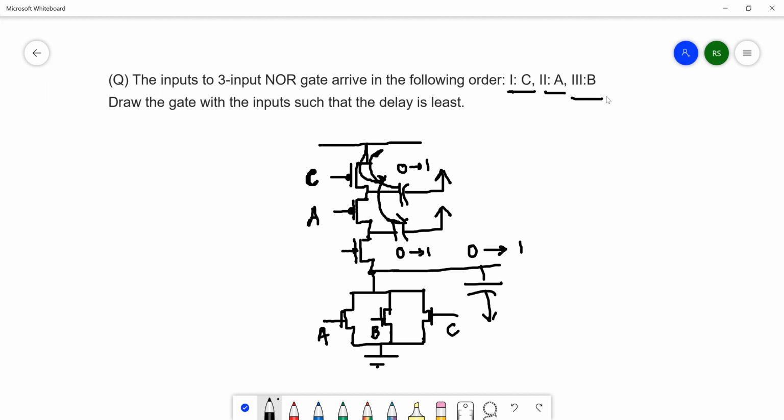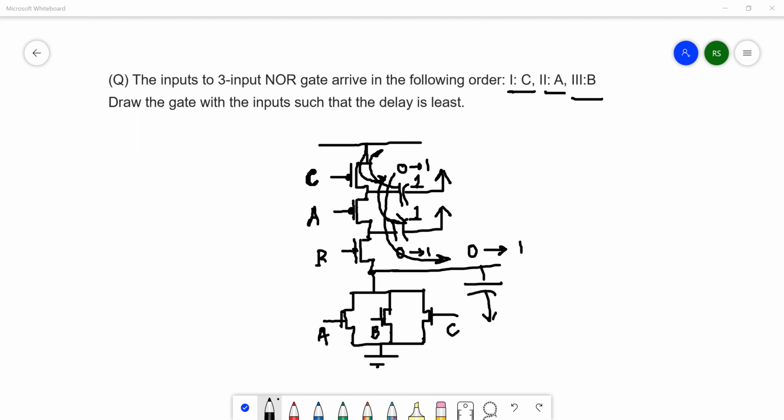And finally the third and last signal is B. When B comes, only the output capacitance needs to go from 0 to 1. This capacitor is already at 1. So this is the idea behind this input ordering effect. You can give the inputs in such a way that all the intermediate capacitances are charged, and when the last signal arrives, only the output capacitance needs to be charged.